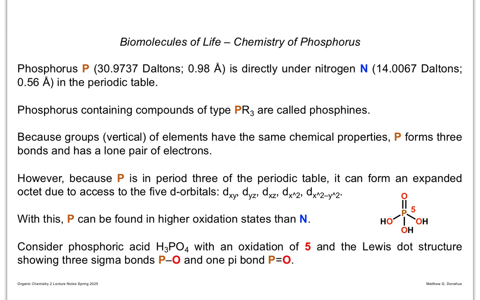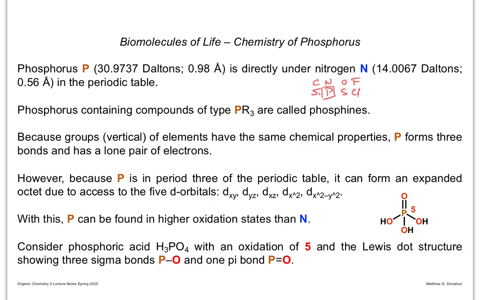So let's talk a little bit now about phosphorus. And so why is phosphorus used at that 5' position? In the periodic table, phosphorus is directly under nitrogen. So at that point, it's in row 3.